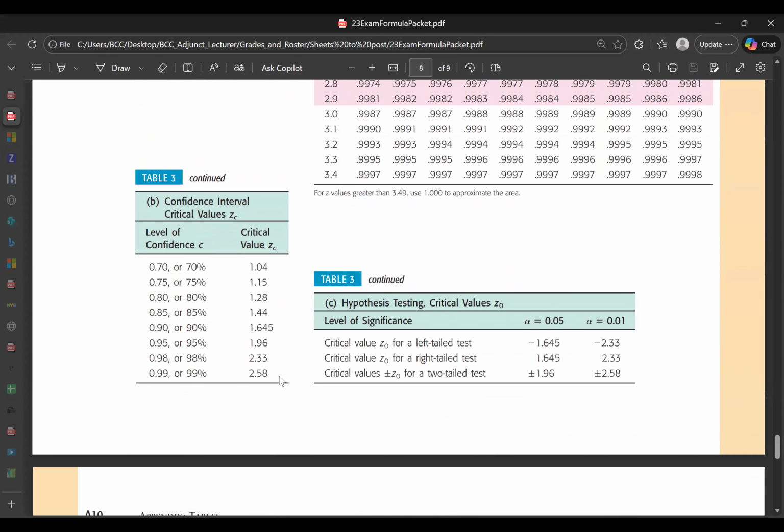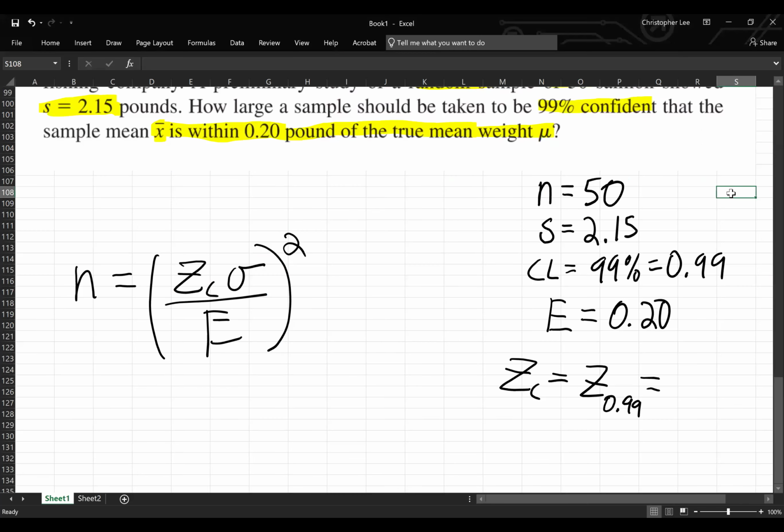And that's it. All right. Coming back here. So this is 2.58. After all of that, just plug it in the formula. You're done with the whole question.